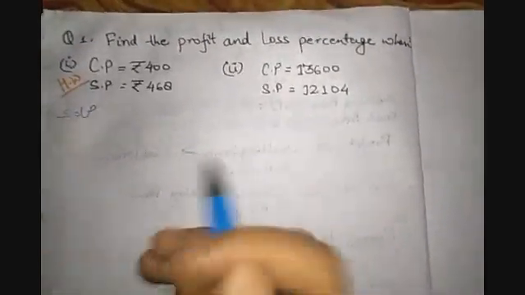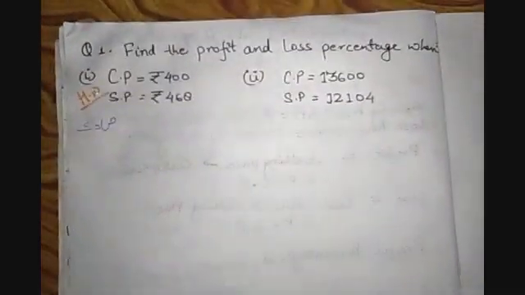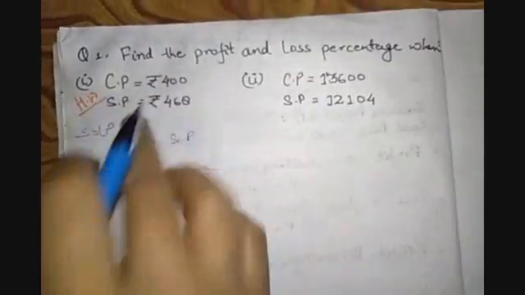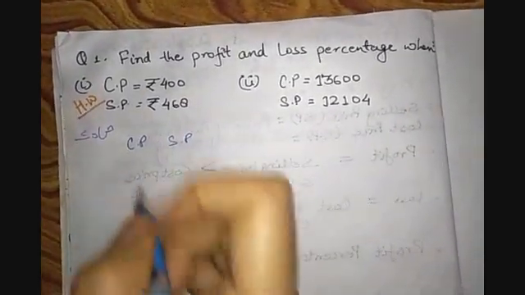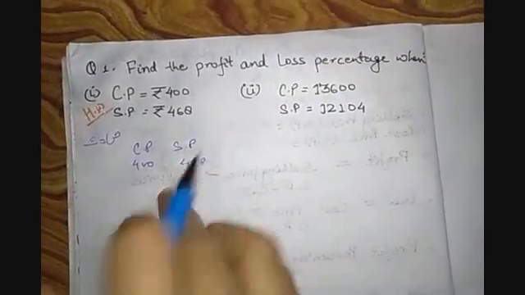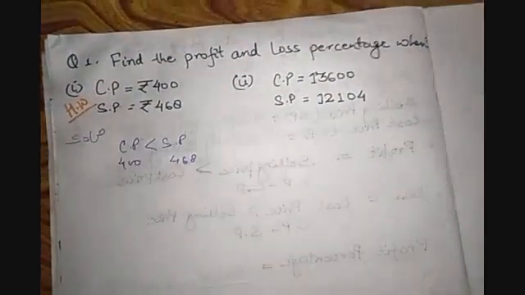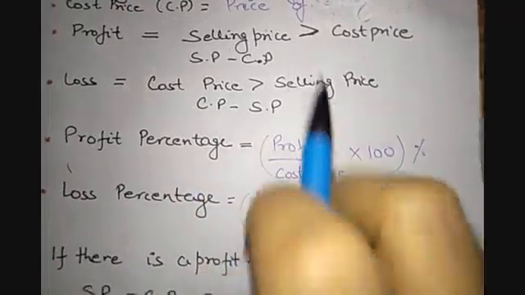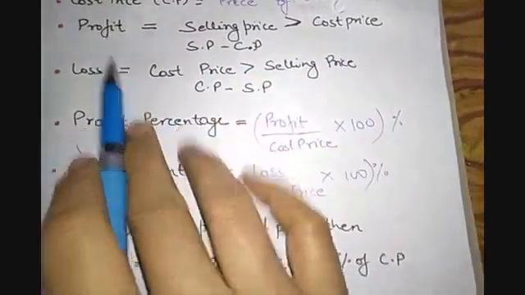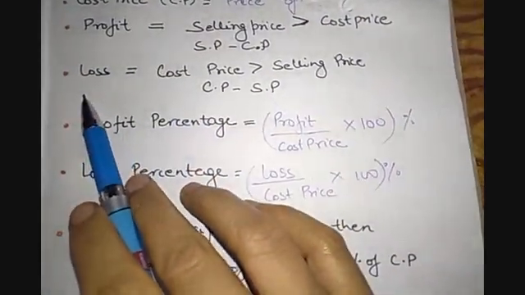So first, what we need to do is check whether CP is greater or SP is greater. CP is 400 and SP is 468. So which one is greater? Selling price. I taught you earlier, if the selling price is greater than cost price, it will be a profit, and if the selling price is lesser than the cost price, it will be a loss.